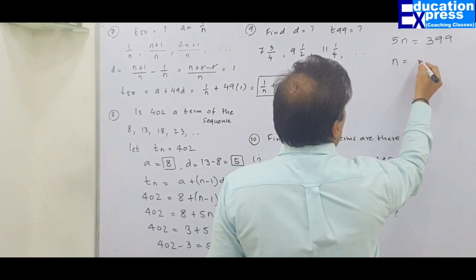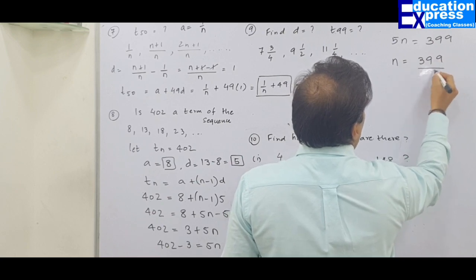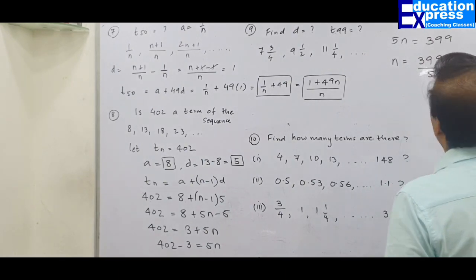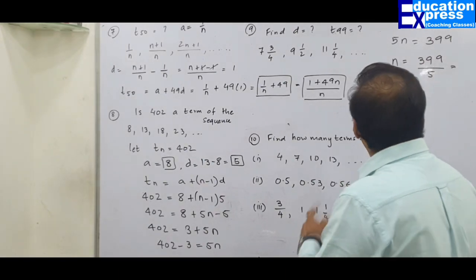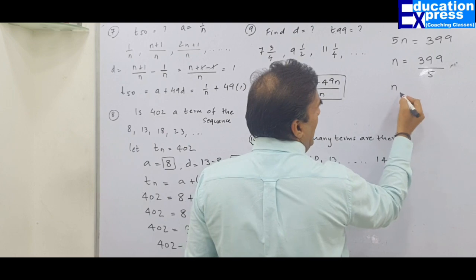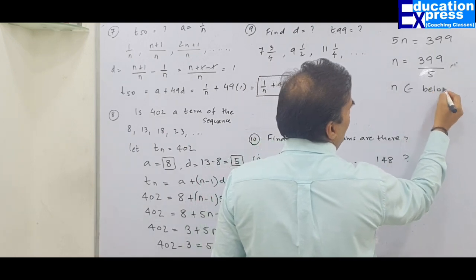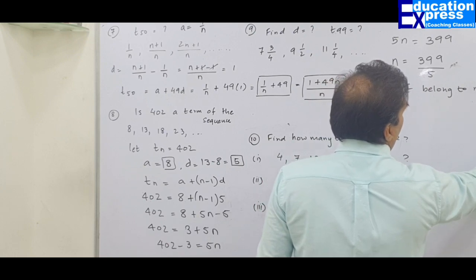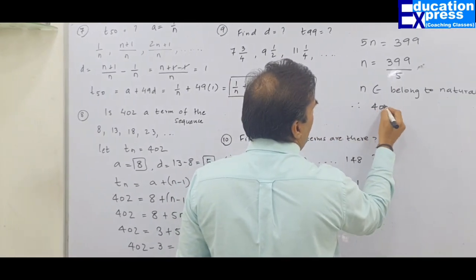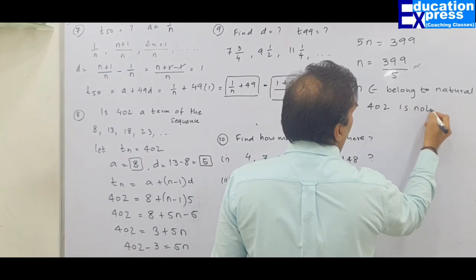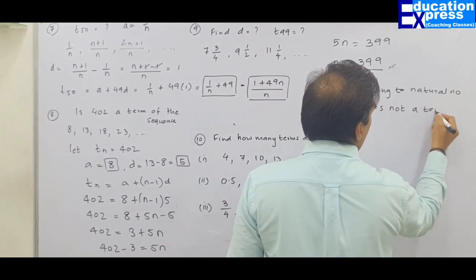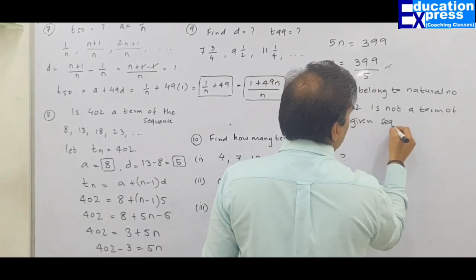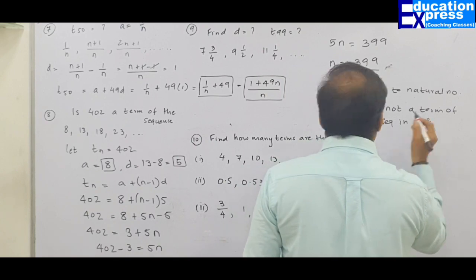When you find the value of n, 399 divided by 5, this number you will get in decimal. That means in this example, n does not belong to natural numbers. Therefore, 402 is not a term of the given sequence in AP.